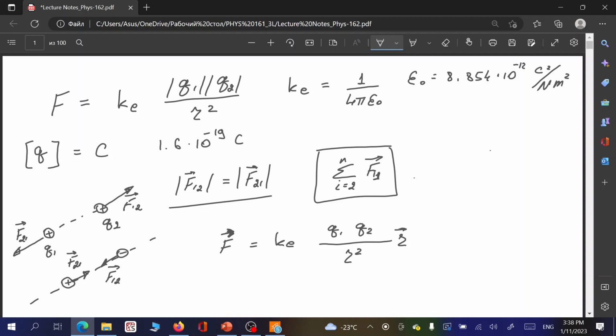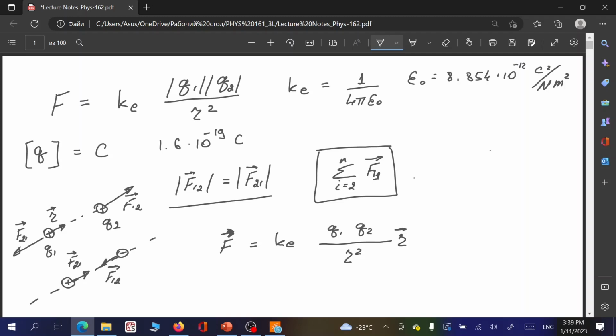The unit vector we define depending on what we want to measure. Let's say we want to know the electric force exerted on charge Q1, then unit vector R will be oriented in this direction from the charge Q1 towards charge Q2.